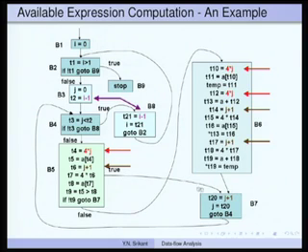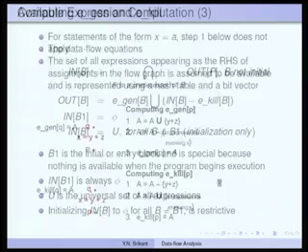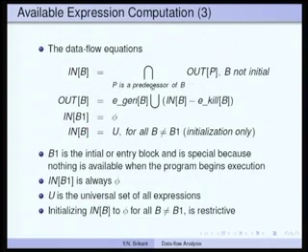They are nothing but the expressions which are coming along this path and also this path, that is nothing but the intersection set. Like in the case of reaching definitions, we do not take union here because we want to make certain that the same expression comes along both the paths. Our requirement of the common subexpression elimination tells us that the expression should be reaching along all the paths and not just along one path. So, that is the reason why the data flow analysis schema, the equation has intersection.